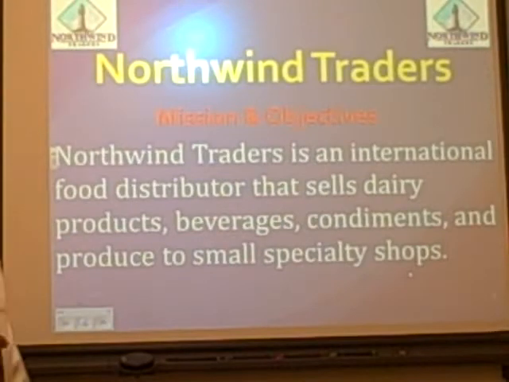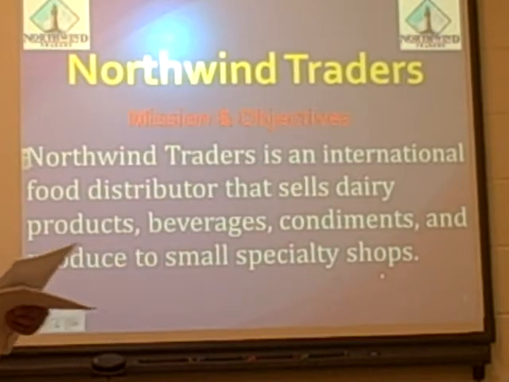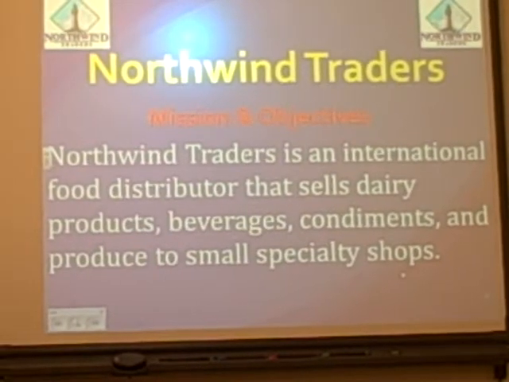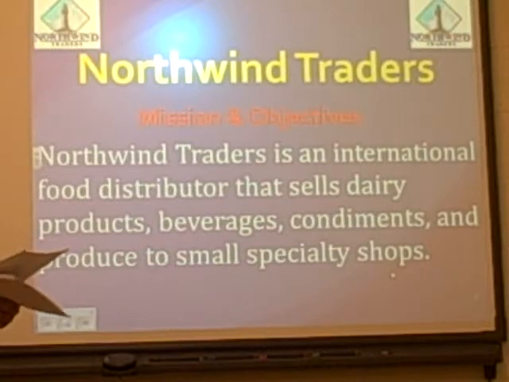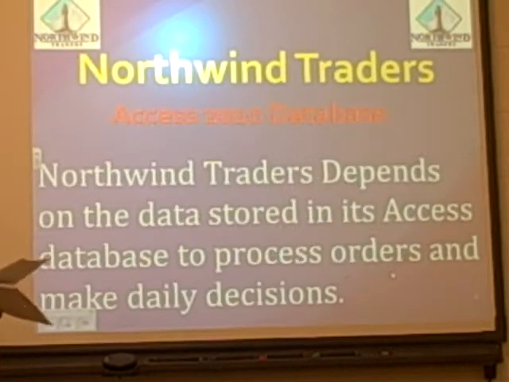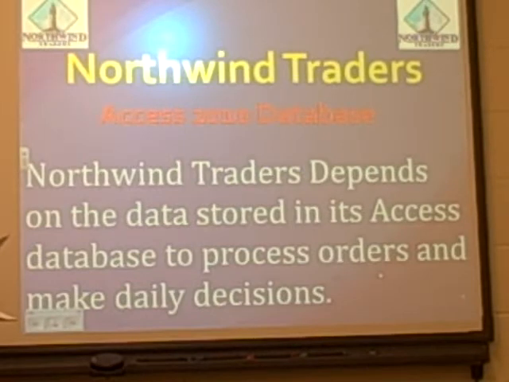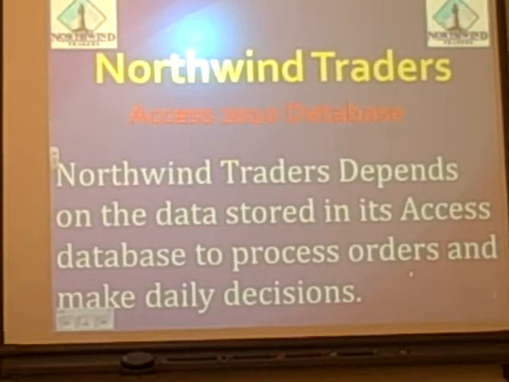Northwind Traders is an international food distributor that sells dairy products, beverages, condiments, and produce to small specialty shops. Northwind Traders depends on data stored in the Access database to process their orders and to make daily business decisions.